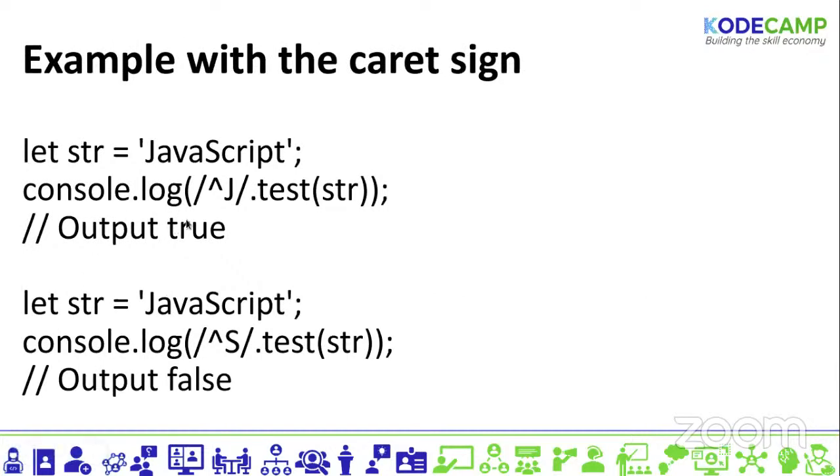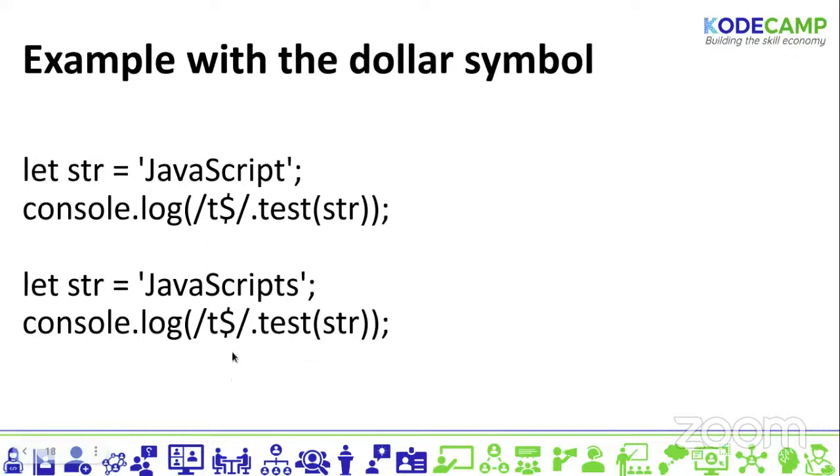Let's see how that plays out. So if we test JavaScript and we are checking if JavaScript as a set of letters starts with J, this returns true because JavaScript starts with J, but it will return false if we test if JavaScript starts with S. Then of course, when we want to test what it ends with, we can say the same JavaScript and check if it ends with T. Yes, this would give us true.